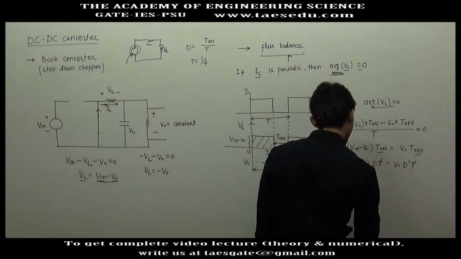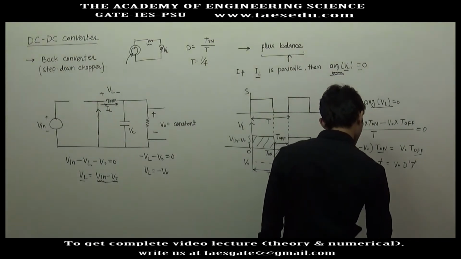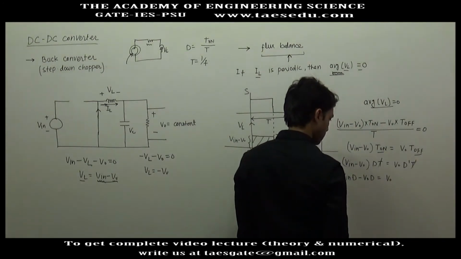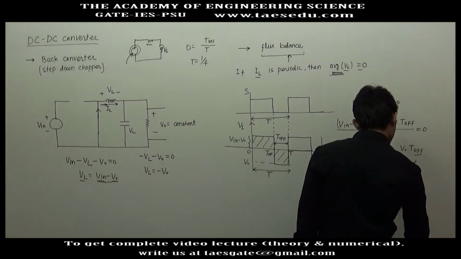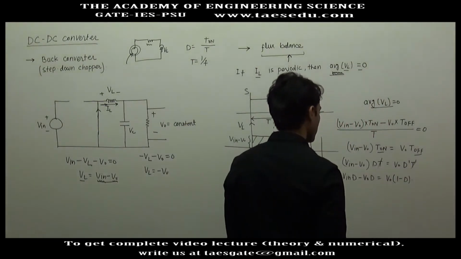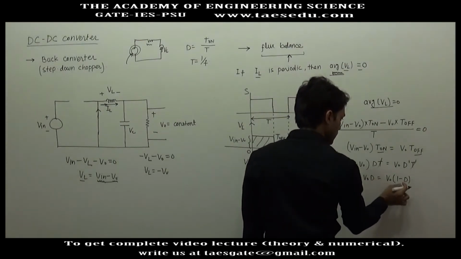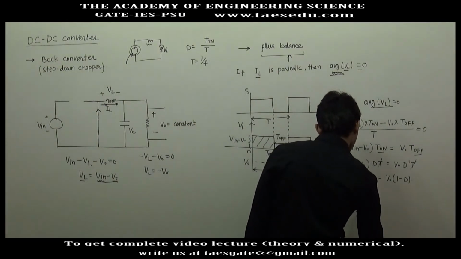V input into D minus V output into D equals V output into D dash. D dash is 1 minus D. If you take this side, minus D will be cancelled and you will get V output equal to D into V input.